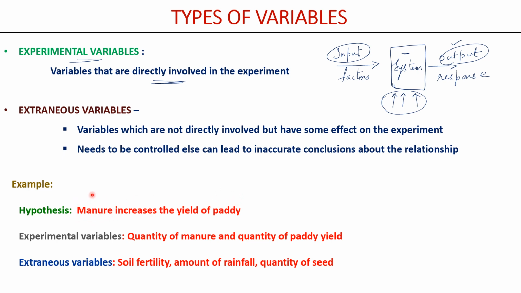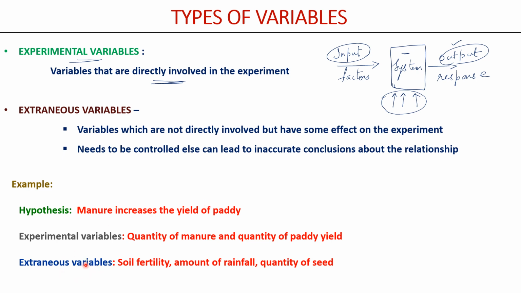So if I focus only on manure, then this is the input variable, this is the output variable. But these variables also act on the soil, and therefore we have to minimize the effect of these in order to get a proper conclusion between manure and yield.